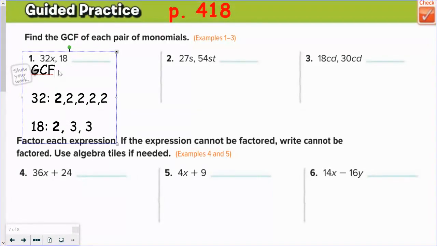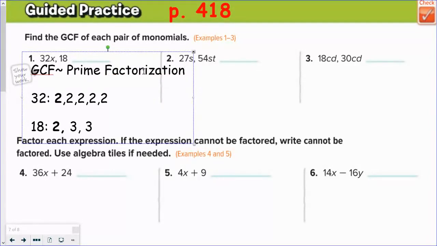Okay, this is finding it with prime factorization. If you want to, you can always look it up, and it is in our textbook, I believe, about how to use prime factorization. You can use that to find your greatest common factor. Okay, so I would say up here, my greatest common factor is 2.